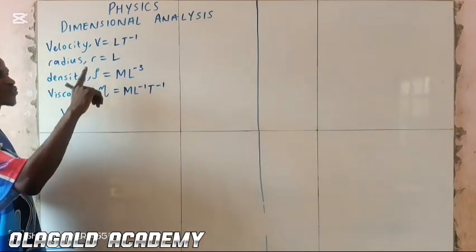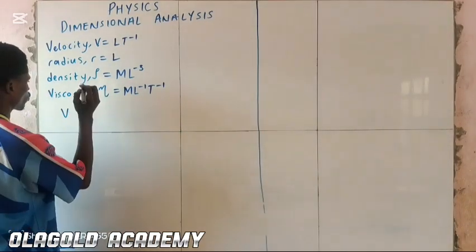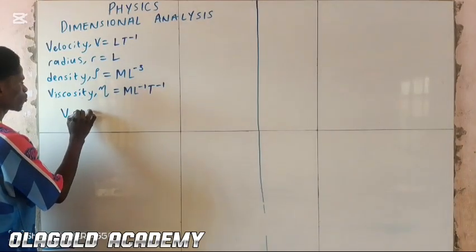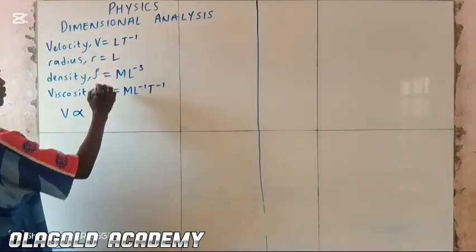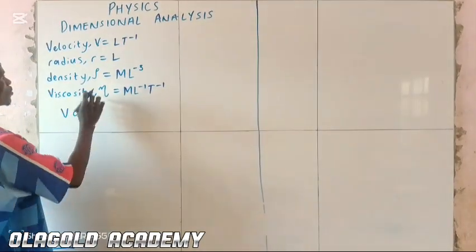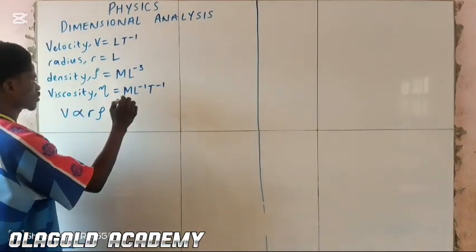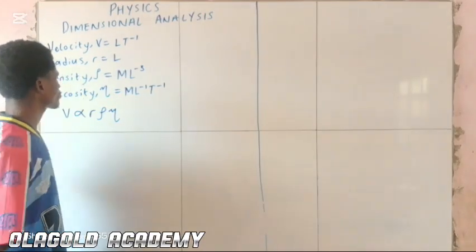So we use the proportionality sign to write dependency. So V is directly proportional to radius, to density, which is rho, and viscosity, which is eta.